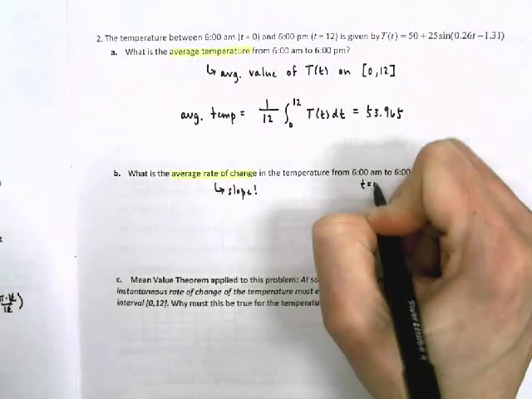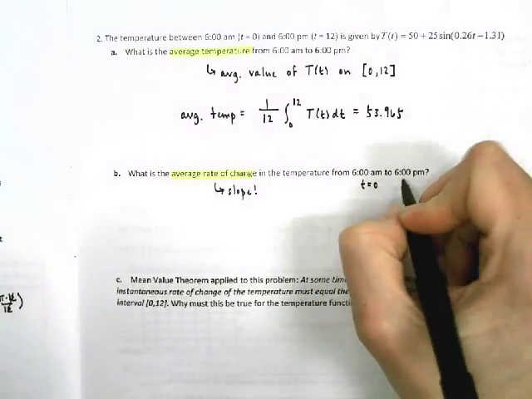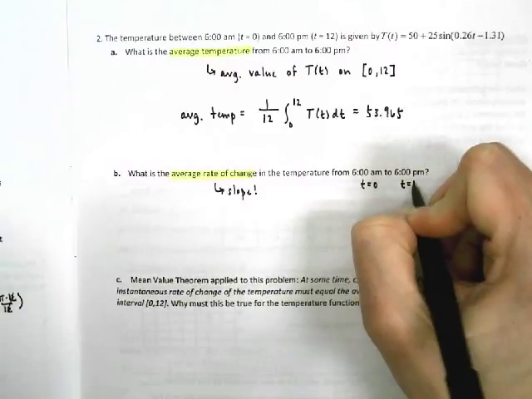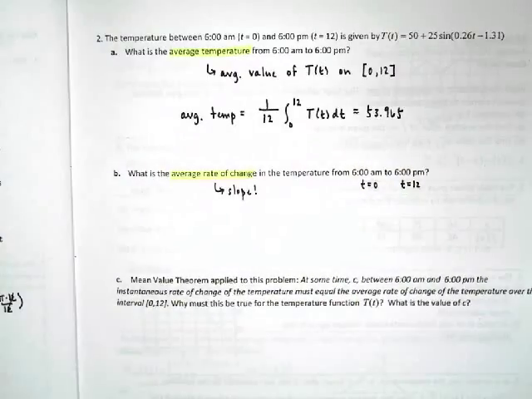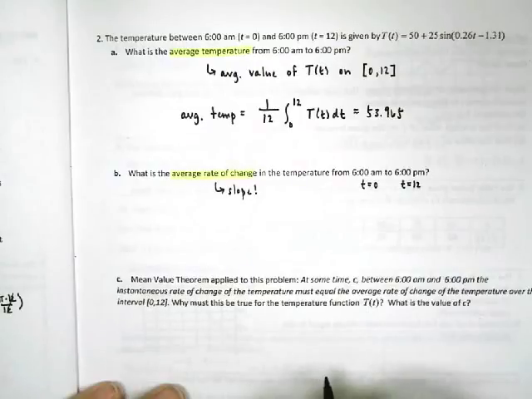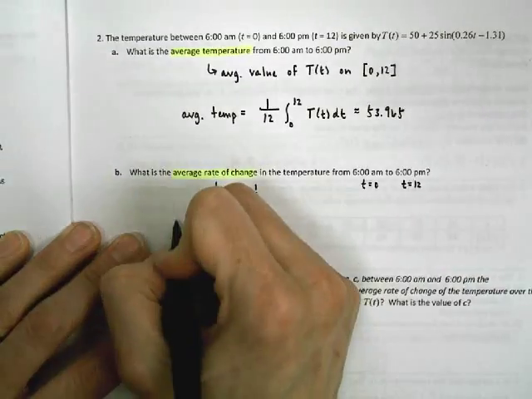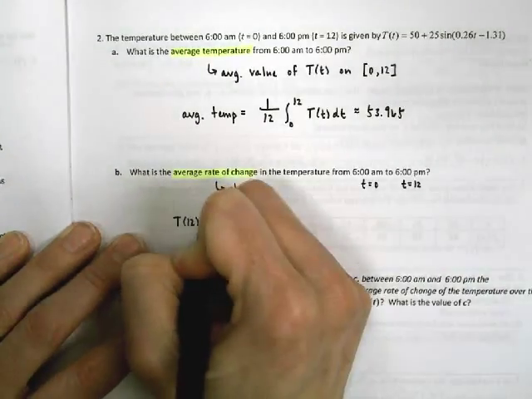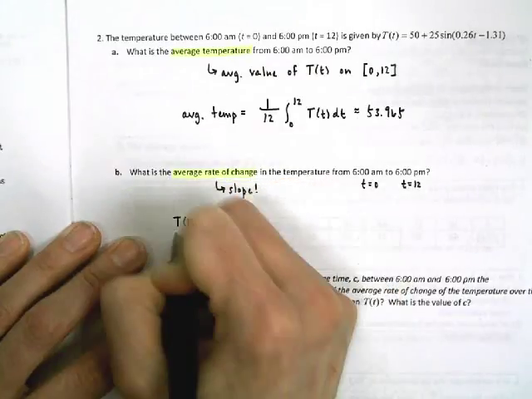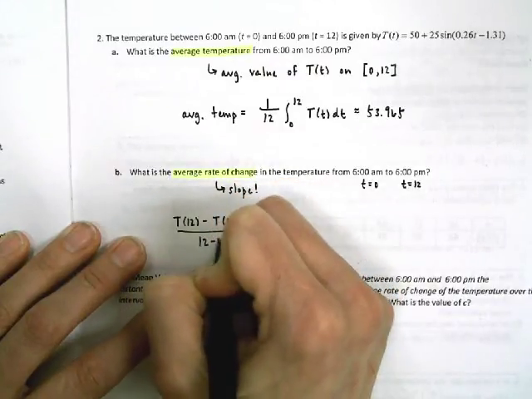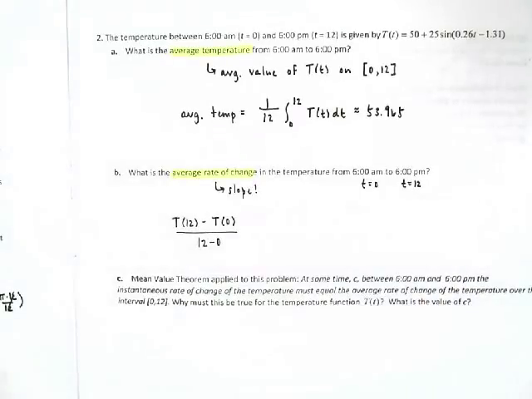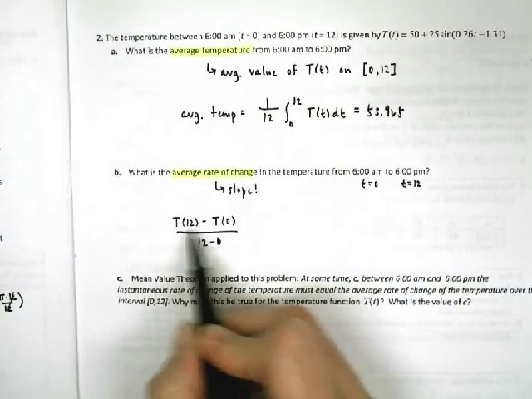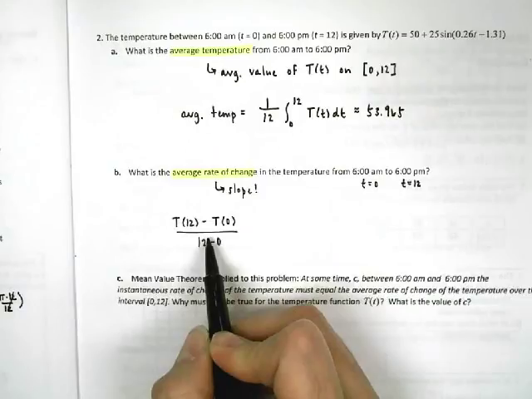Well, I know 6 a.m. is time equals 0, and I know 6 p.m. is time equals 12. So if I want the average rate of change, what I'm finding is T of 12 minus T of 0 over 12 minus 0. So now I'm going to need to use my calculator to figure out these two values.